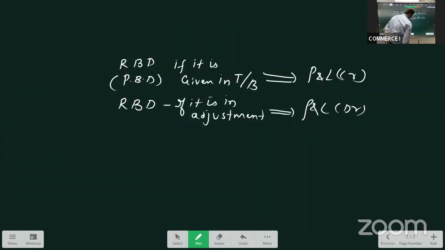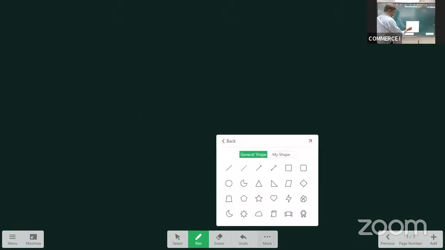Okay. Now let us take the balance sheet and see what items we'll take in it.